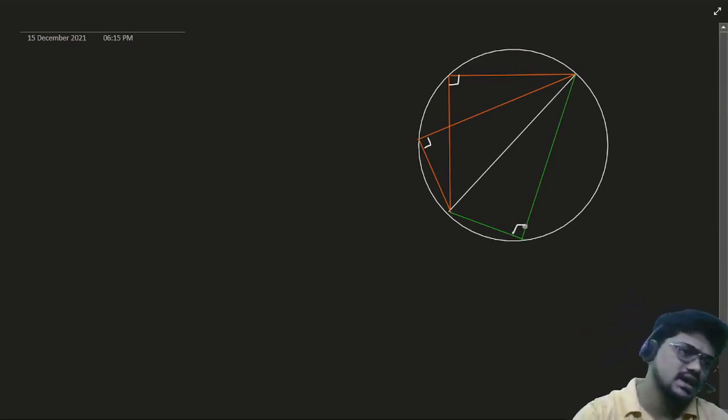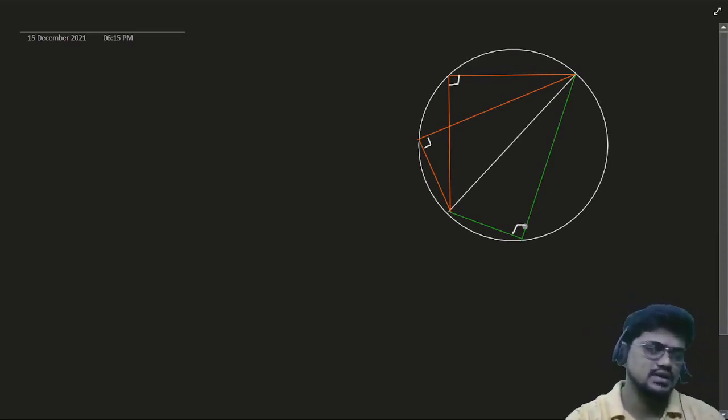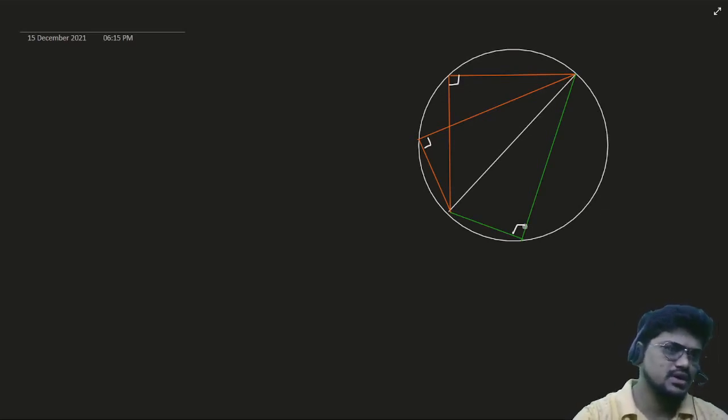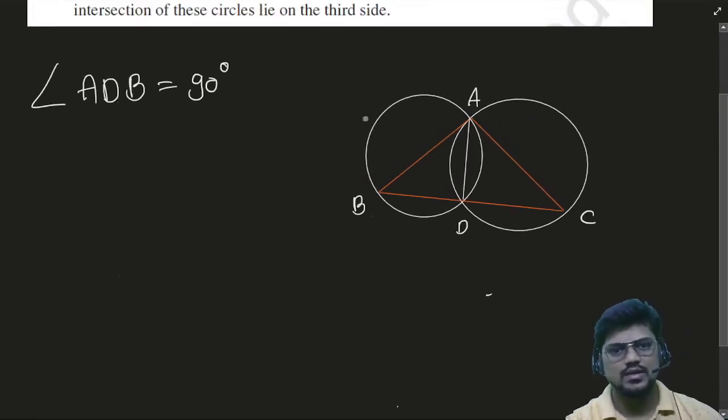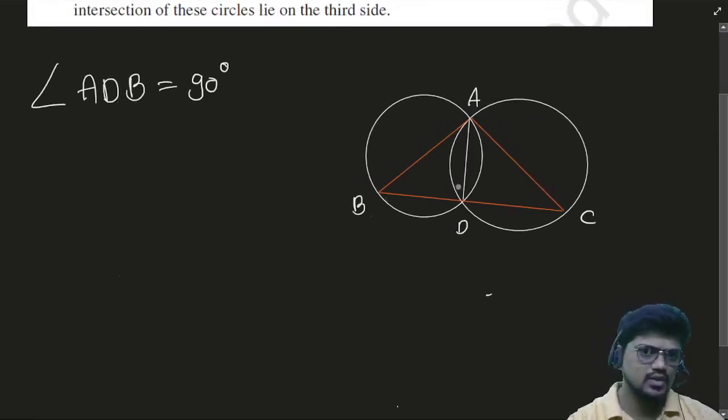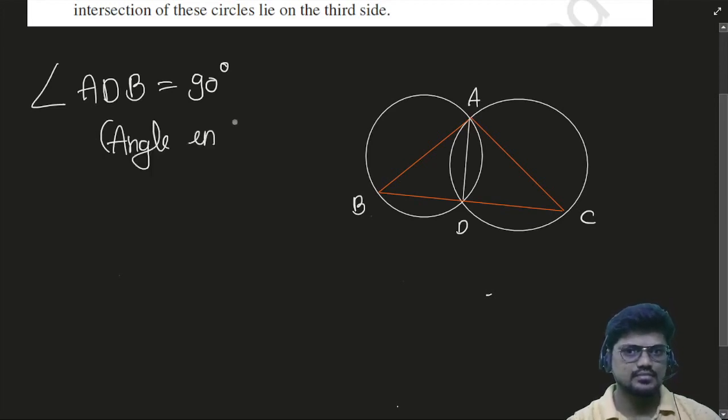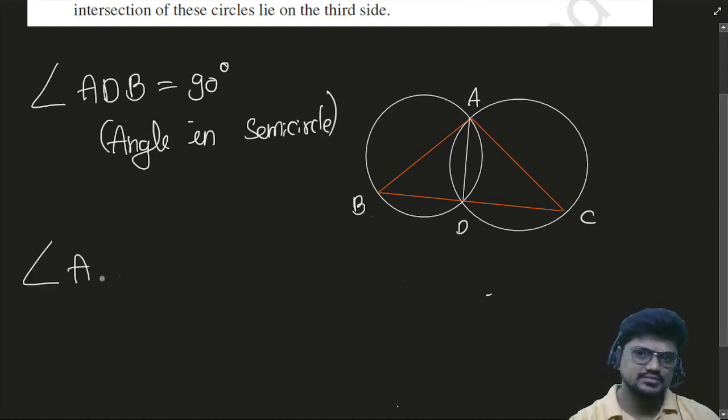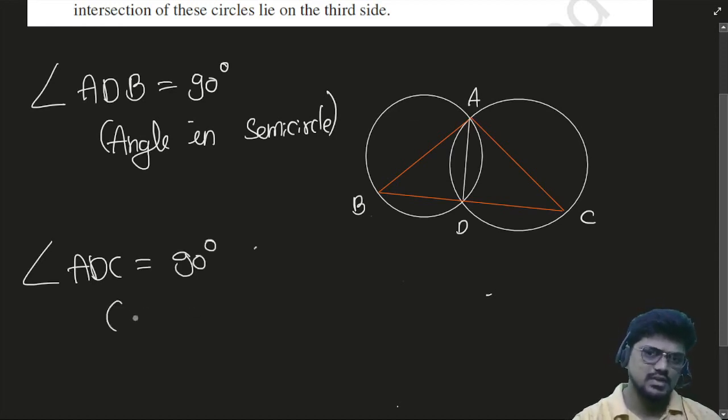This property is stated as: angle in a semicircle is always 90 degrees. So angle ADB will be equal to how much? 90 degrees. What is the reason? Angle in semicircle. Also, angle ADC is equal to 90 degrees. The reason is the same, angle in semicircle.